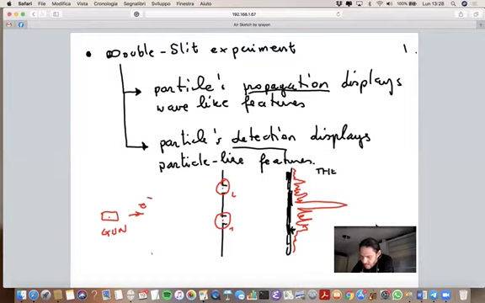The notion of particle trajectory is untenable.